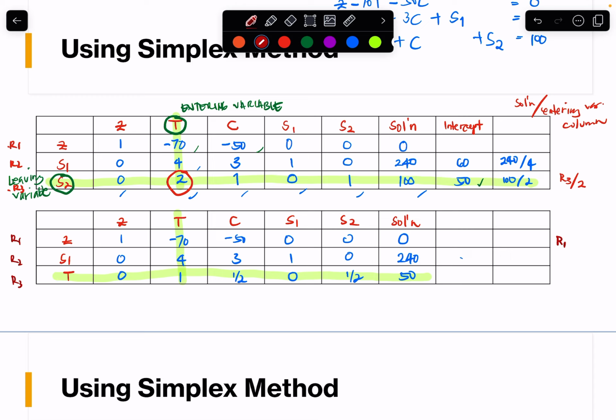So minus the coefficient, which is negative 70. So minus negative 70 would make it plus 70. And then the pivot row, which is R3. The second one, we have R2 minus 4. So minus positive 4, that is minus 4, and then R3.